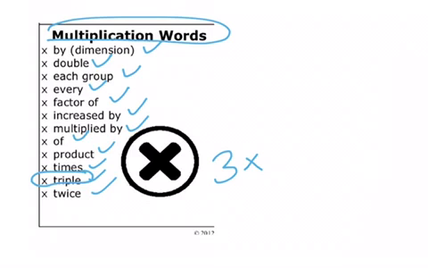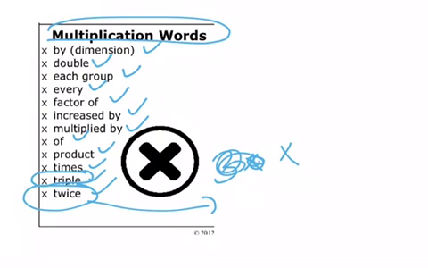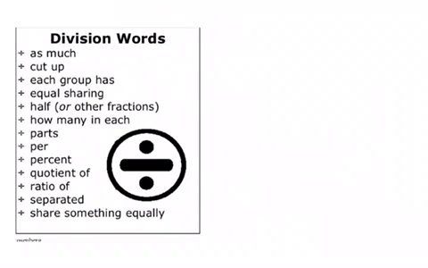So if I triple something, I multiply it by 3. Twice means I multiply by 2. So triple, you multiply by 3, and when you do something twice, you multiply it by 2. So twice the amount, you multiply the amount by 2. So those are your multiplication words.